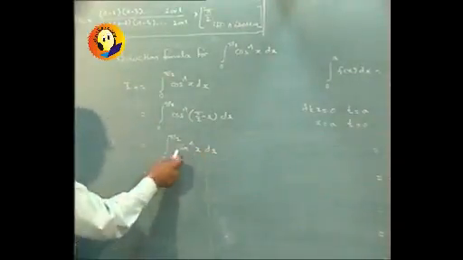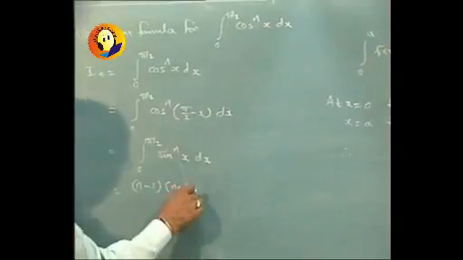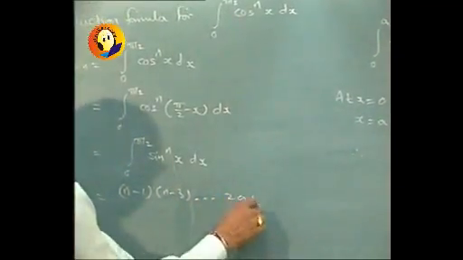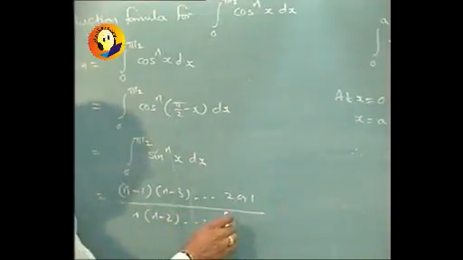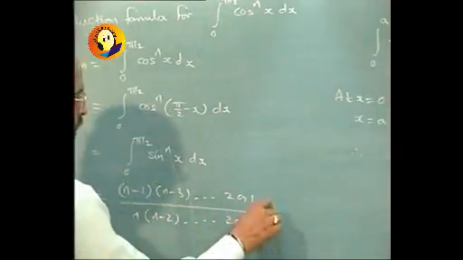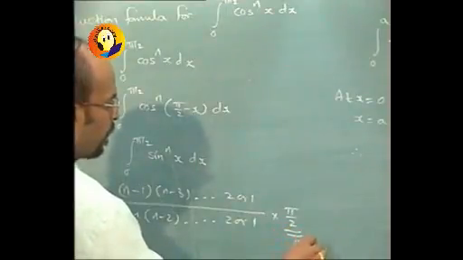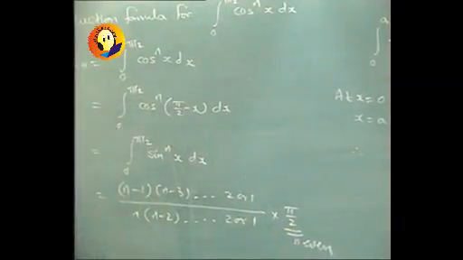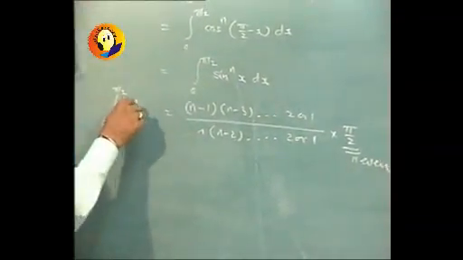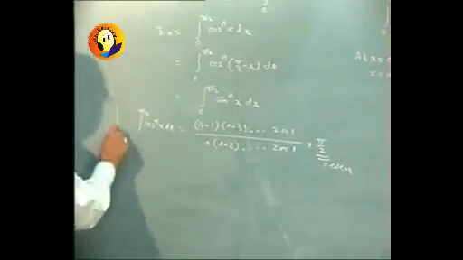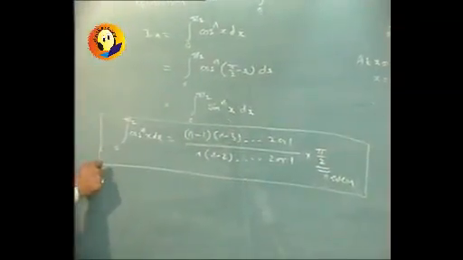And then we have already got the formula. It is (n minus 1) into (n minus 3) etc. up to 2 or 1, divided by n into (n minus 2) etc. up to 2 or 1, into pi by 2 when n is even. And so the formula for integral 0 to pi by 2 cos raised to n x dx comes out to be the same one as we have written it for sin.